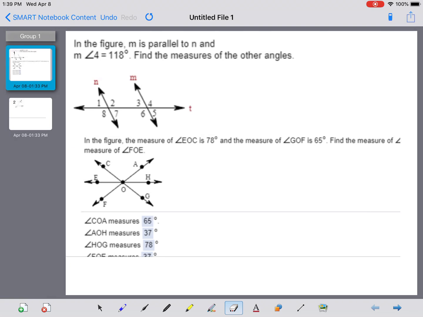Angle EOC and angle HOG are vertical angles, so that makes them congruent, or their measures equal. So that's how we got the measure of angle HOG, 78 degrees. GOF and COA are also vertical angles. So COA is also 65 degrees.